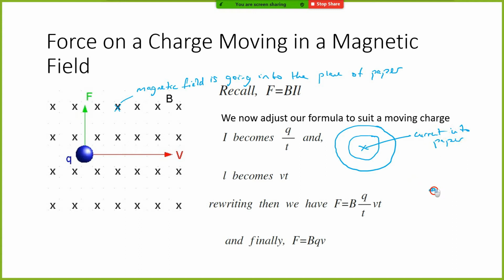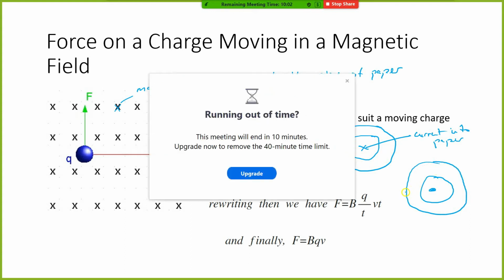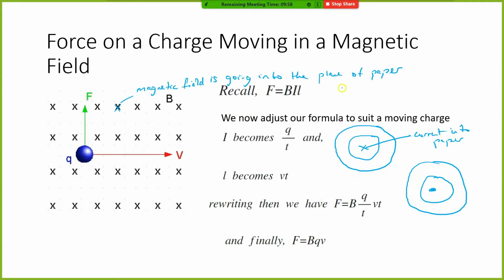Now when you have the dot, by the way, tell me what direction the magnetic field would be going around the wire with the X. Wouldn't it be going clockwise?